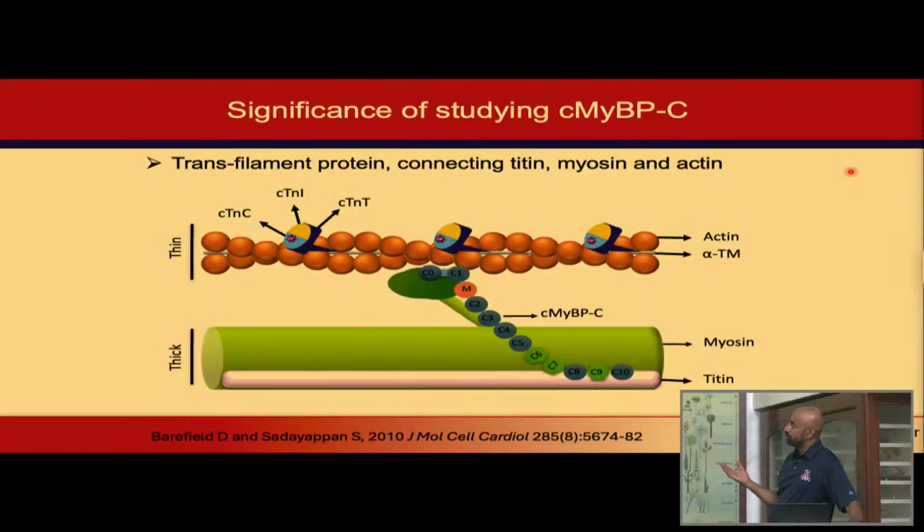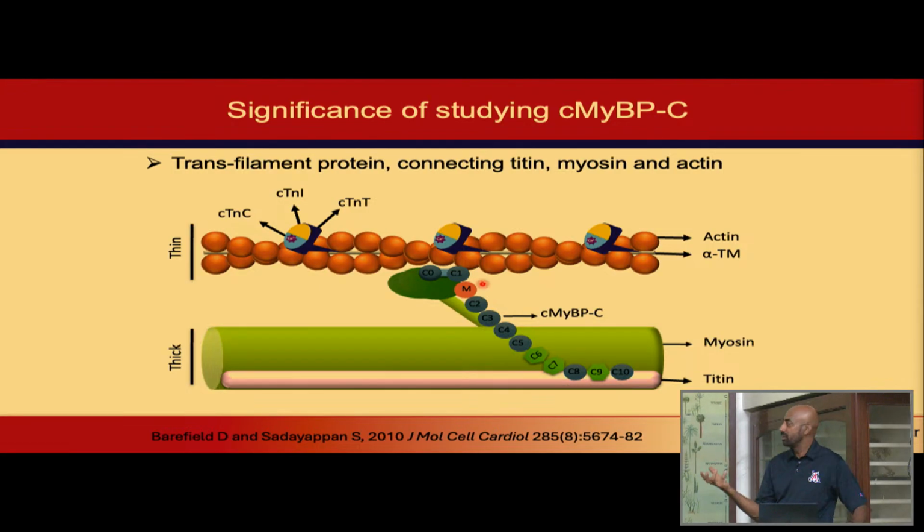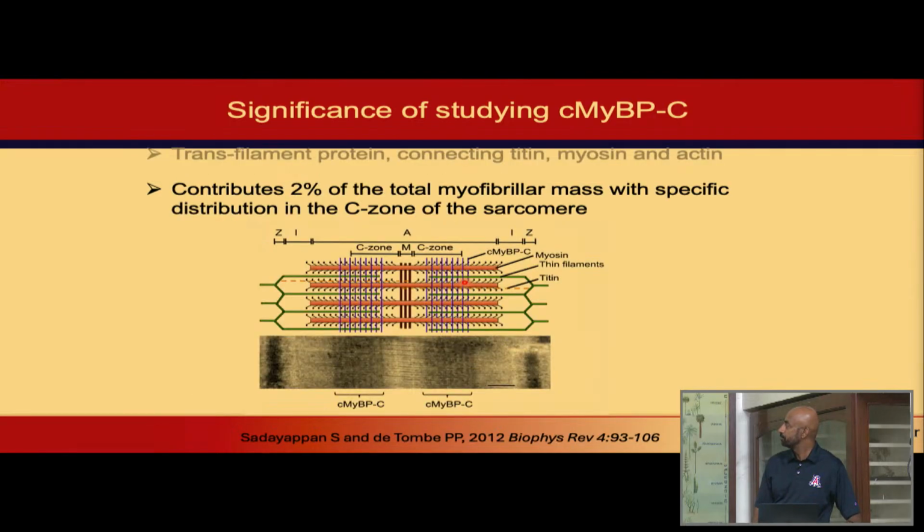Again, it is an important protein. It is a thick filament protein that connects thin and thick filaments. Without myosin binding protein C, sarcomere structures are altered and are not normal in shape. It also regulates the actomyosin interaction and the rate of force development.